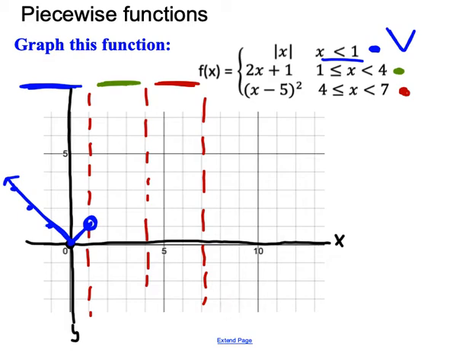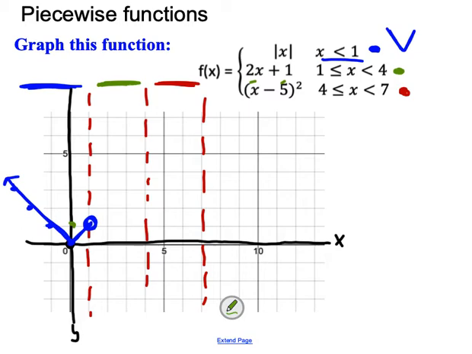Okay, so for my second one, I'm going to use green, y equals 2x plus 1. Well, I know that that is a slope of 2, a y-intercept of 1, and this is a little bit trickier because the y-intercept of 1 is not in that range of 1 to 4. So I'm going to lightly use a pencil if I were you.